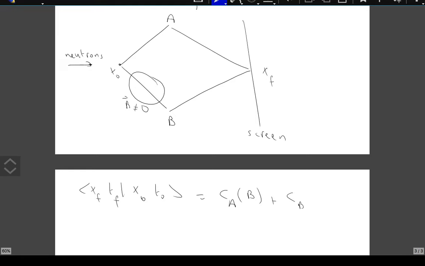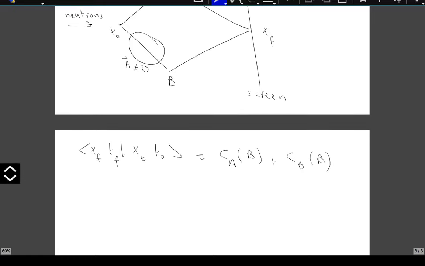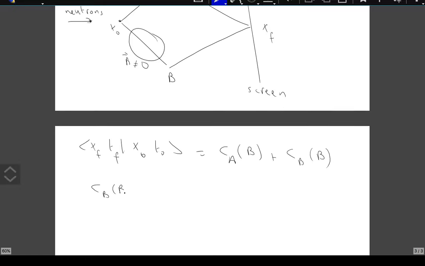Plus there will be another amplitude that it goes through B. Now this B will be the amplitude that it will go through path B multiplied by e to the power i omega t over 2. Now omega is this rotation due to the magnetic field, and t is the time it spends in the region where there is a magnetic field.